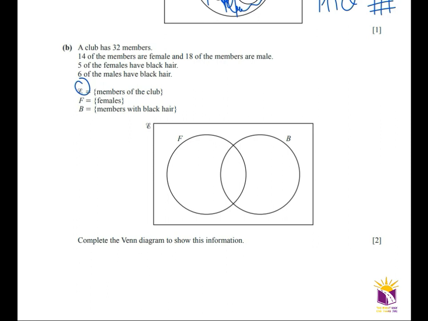And how many are female? Females are 14, of which 5 have black hair. So females with black hair are 5.